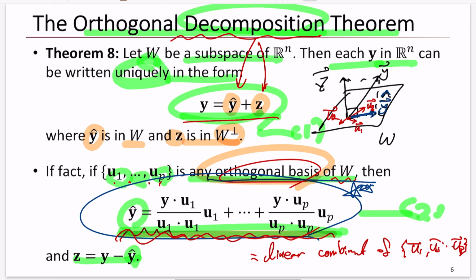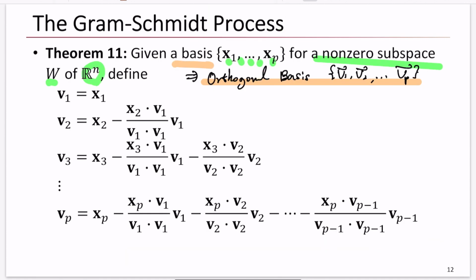Today we will use this kind of technique to derive the least squares solution, which is the approximated solution for your inconsistent system Ax = b. We'll talk about this one later.